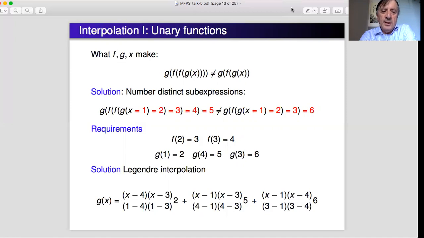So when x is 1, then the multiplication there comes out to be 1, because you've got this normalization factor, 1 minus 4 divided by 1 minus 3. And so you get 2. That term vanishes when x is 4 or x is 3, and so it makes no difference then. But the other terms make the difference for each of those. And the thing's symmetrical, so you get what you expect.